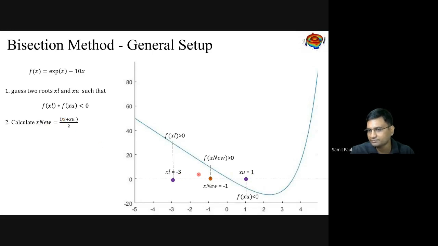It's -1. That is now called X new. So we know f of XL, we can calculate f of X new, and we also know f of XU. Now again we will calculate the product of function of XL and function of X new.